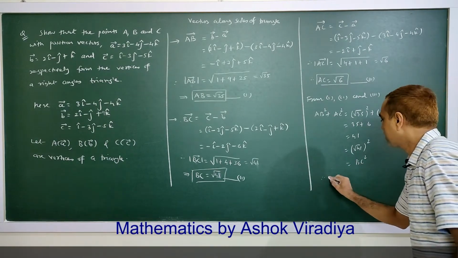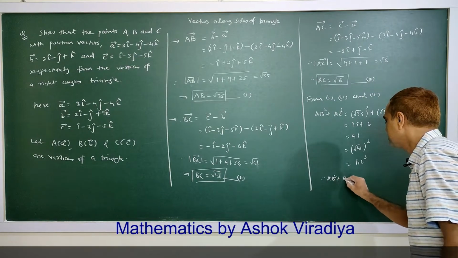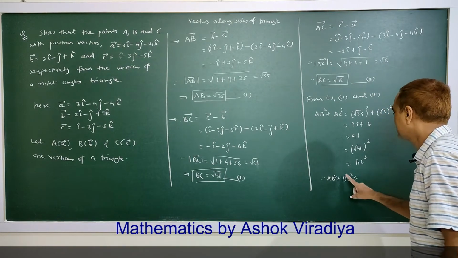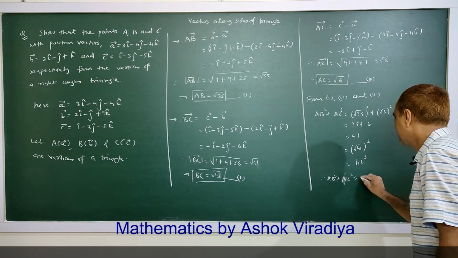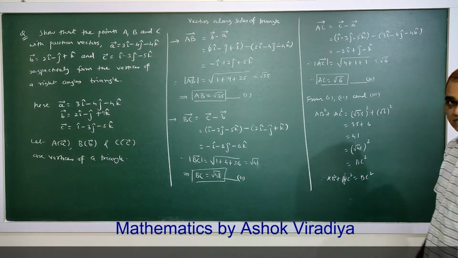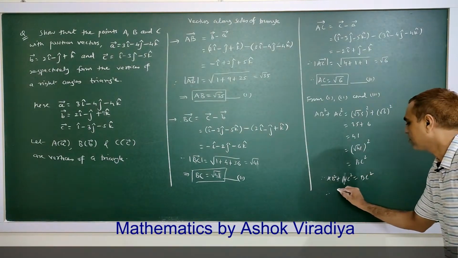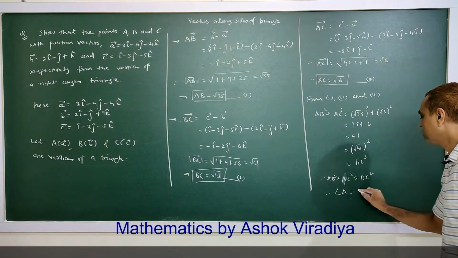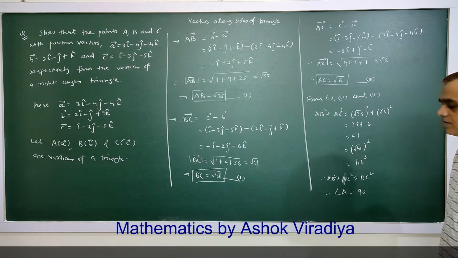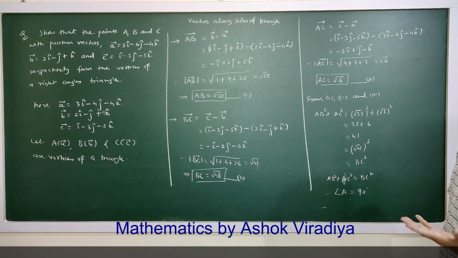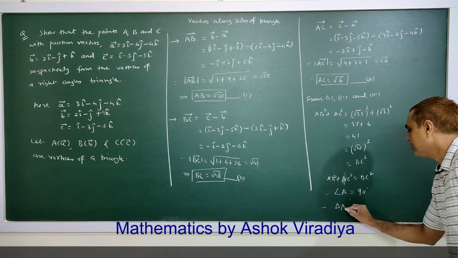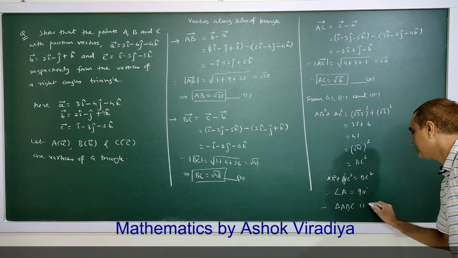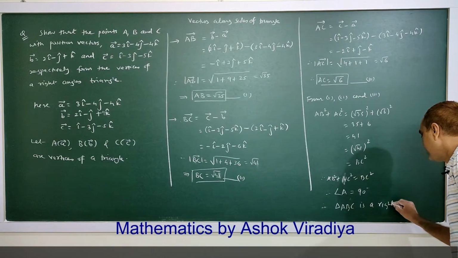So AB square plus AC square is BC square. So therefore angle A is equal to 90 degrees. Therefore triangle ABC is a right angle triangle.